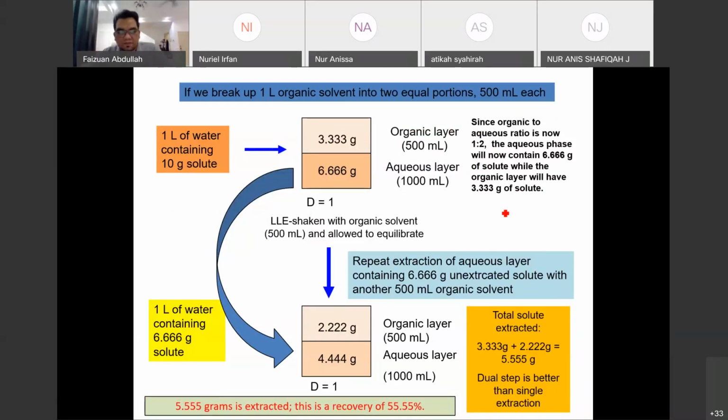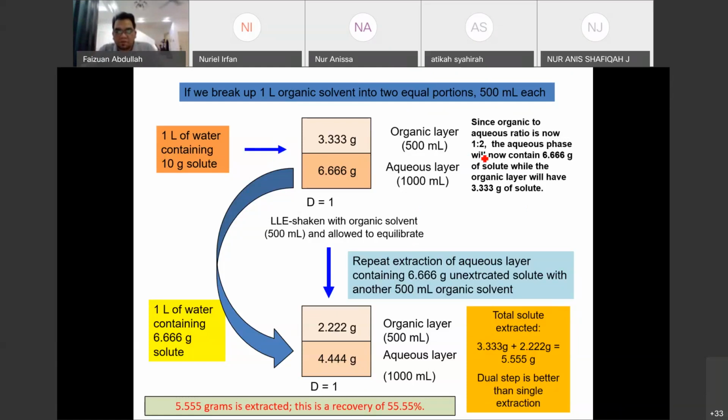Can you understand this? Why? Can you have the idea why? Because we use 500 ml of the organic solvent.